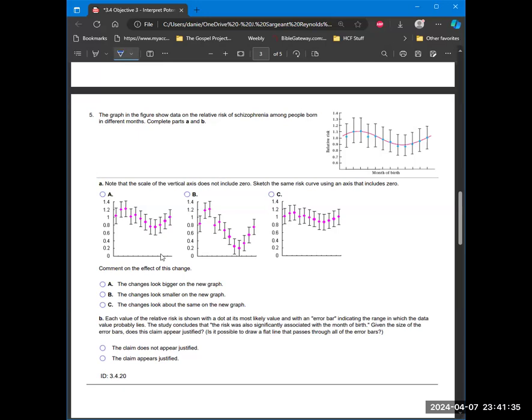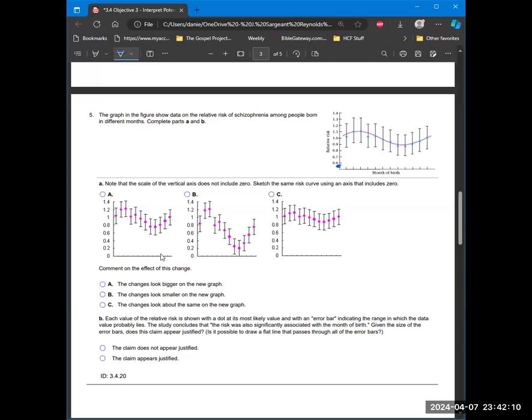Note that the scale on the vertical axis does not include zero. Sketch the same risk curve using an axis that does include zero. So yeah, they didn't include zero. They started at 0.6. There's some space here that they didn't include. Our first data point here, this blue dot, is about at 1.